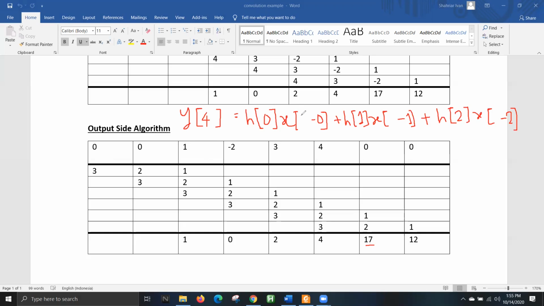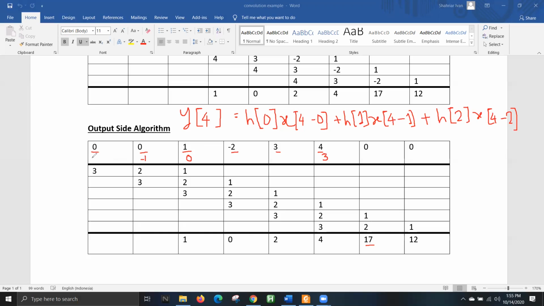I'll just have to put 4 everywhere in x. So if I put 4 everywhere in x, what does x4 mean? x4 minus 0 is x4. So what is x4? x0 was this, x1 is this, x2 is this, x3 is this. So this is 3, this is 0, this is minus 1, by the way.